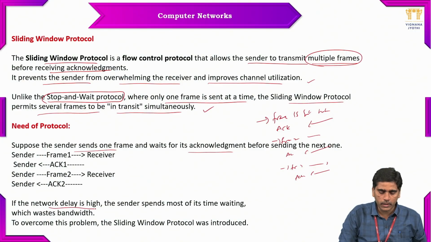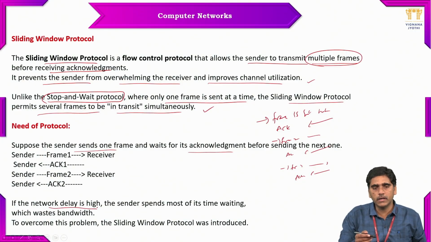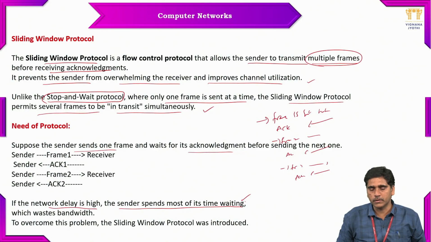If the network delay or transmission delay is high, the sender spends most of its time waiting, yes or no? If the receiver is not able to send the acknowledgement because of network delay or transmission delay, the sender has to wait for a long time.